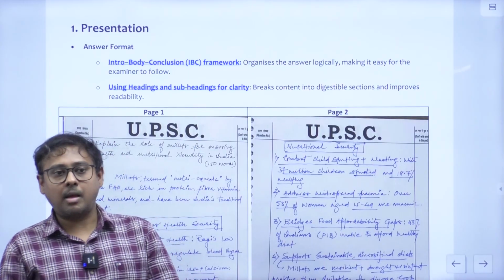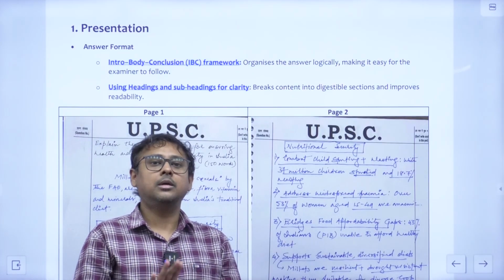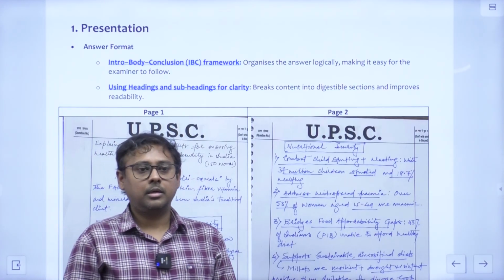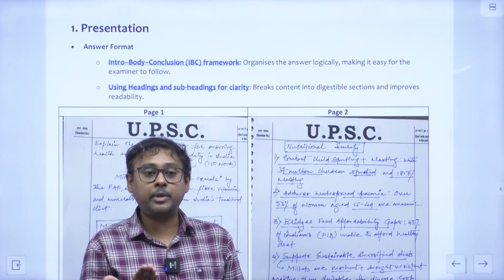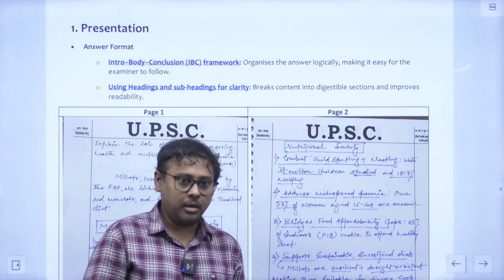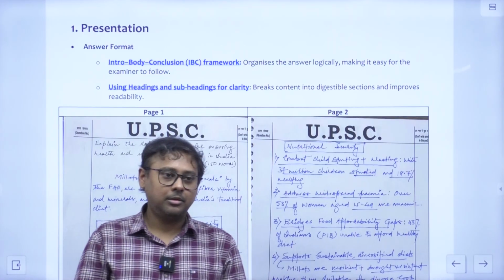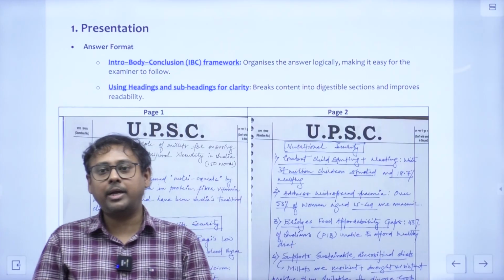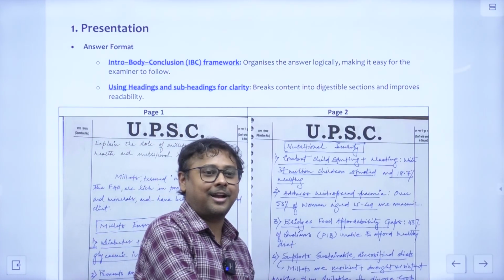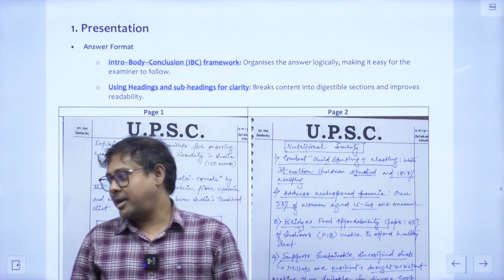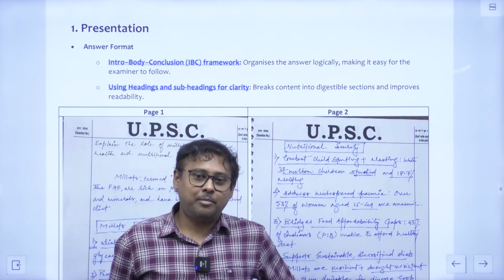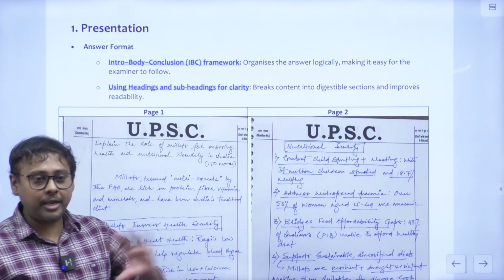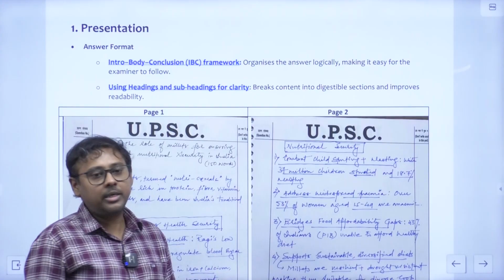Now, you have to understand that presentation here does not mean giving a map or a diagram. Presentation means how your script will look. When an examiner, after checking, let's say 200 copies, comes to your last script at the end of the day, and finds the content scattered and haphazard, like a merry crow dancing across your script, even if you have written very good content, he will be disinterested.